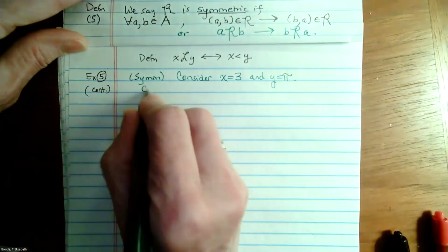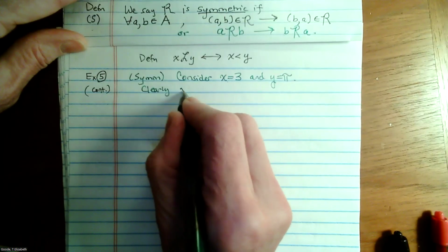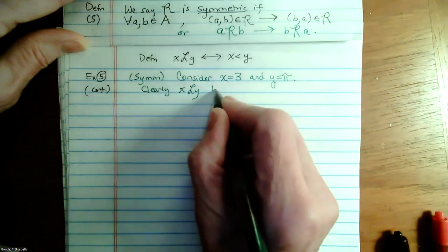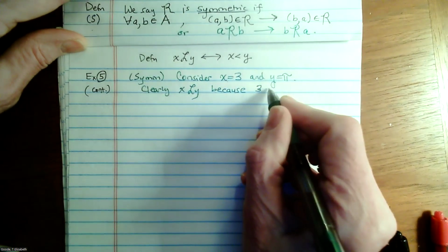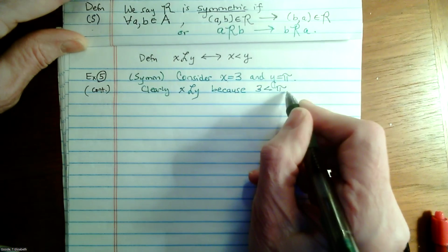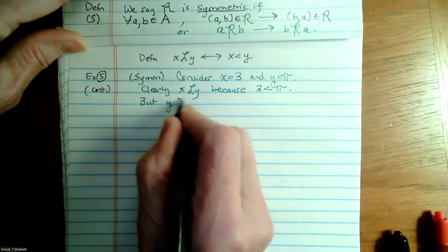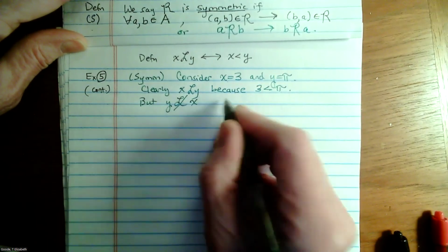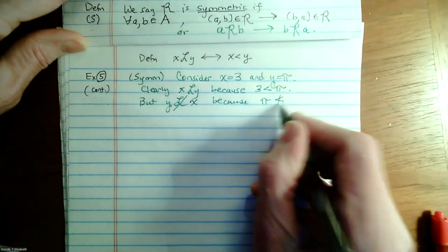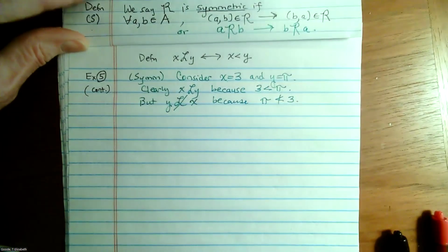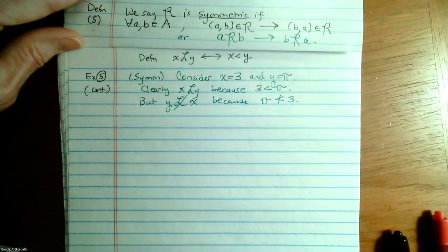Clearly, X is less than Y because 3 is less than pi. But Y is not less than X because pi is not less than 3. So the less than relation is not symmetric. It's not reflexive and it's not symmetric.